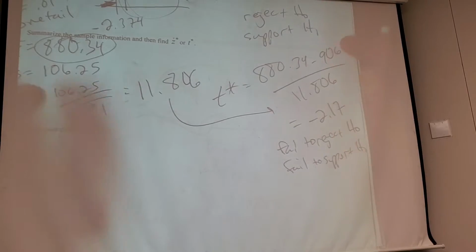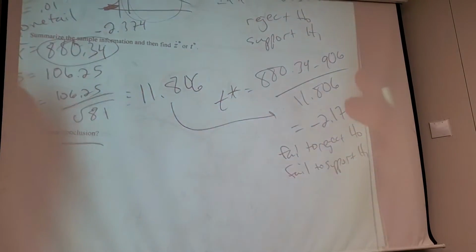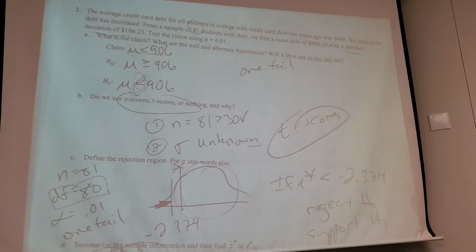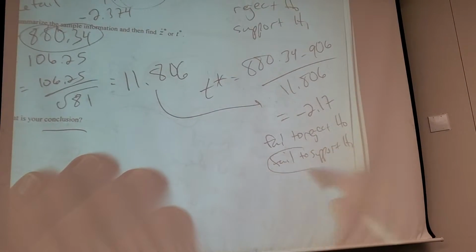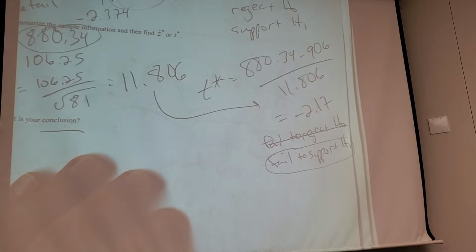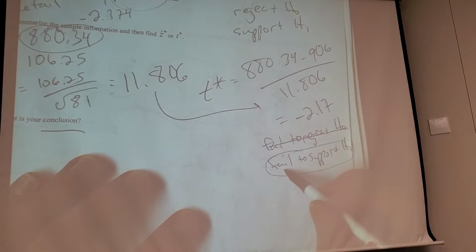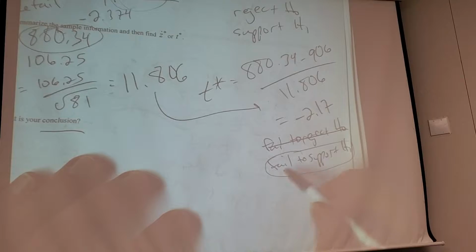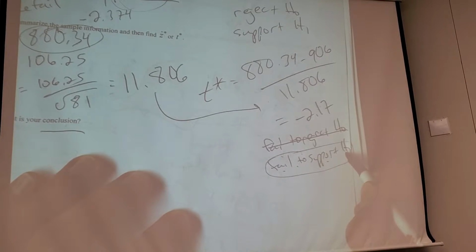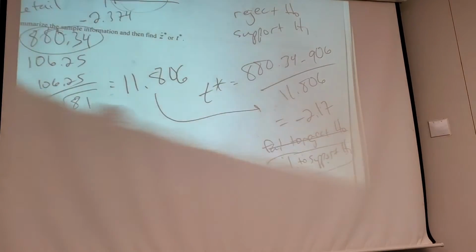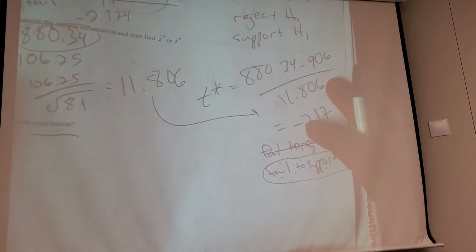And then, of course, how do I write my conclusion? Well, which one was my claim? In this case, it was the H-a, so I'm going to use this language, not this language. So fail. We have not found sufficient evidence to support the claim that... or rewrite it, whatever.